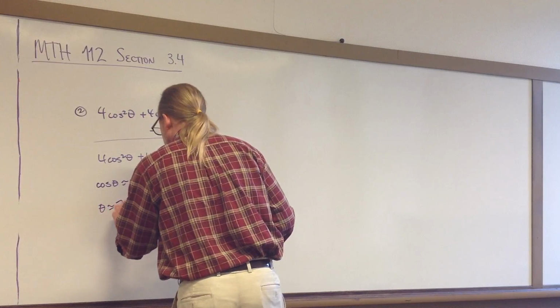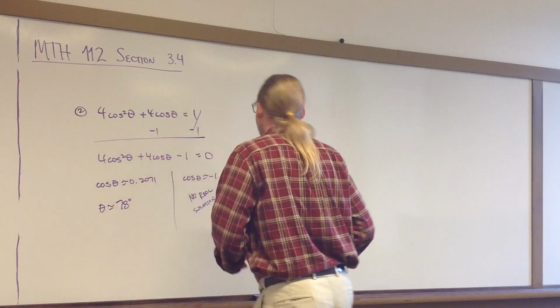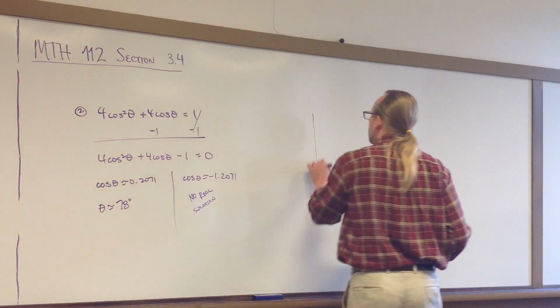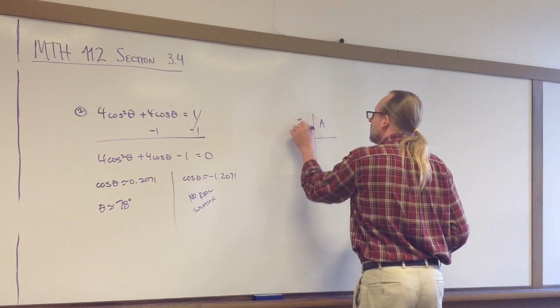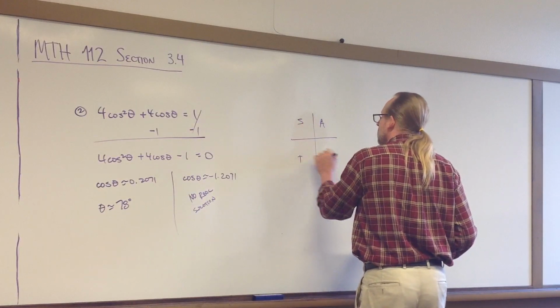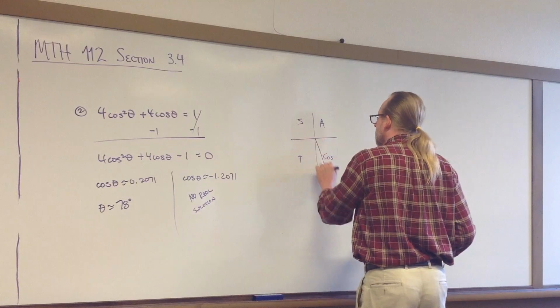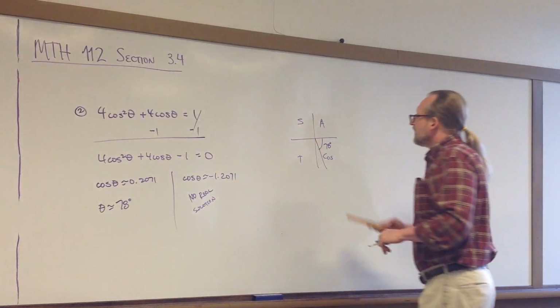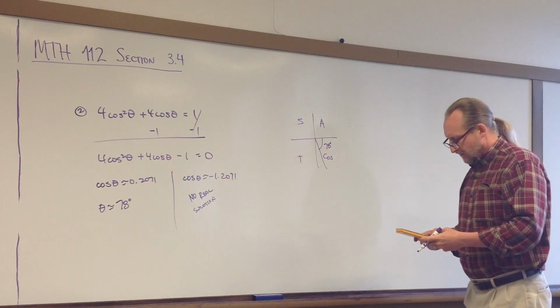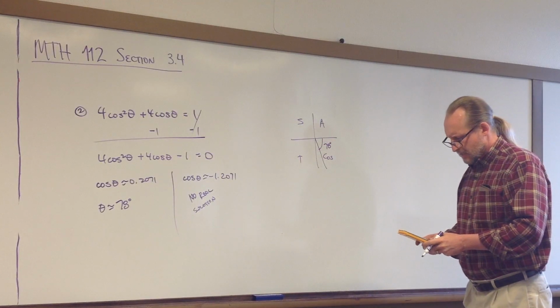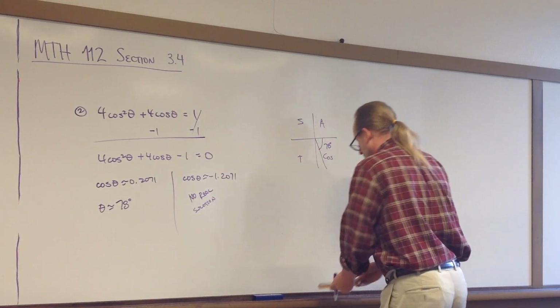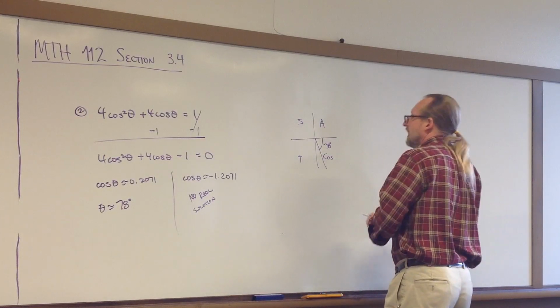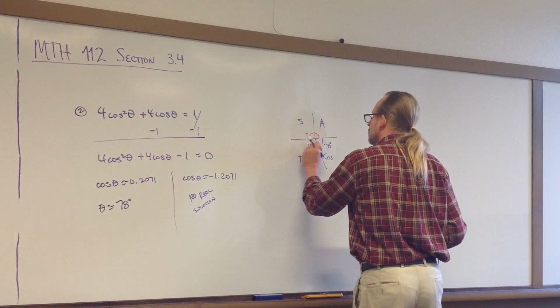So that's going to be 78 degrees. And again, remember our little ASTC diagram. The cosine is positive in the fourth quadrant. If we've got a reference angle of 78 degrees, that makes the angle coming around from the other side 282 degrees.